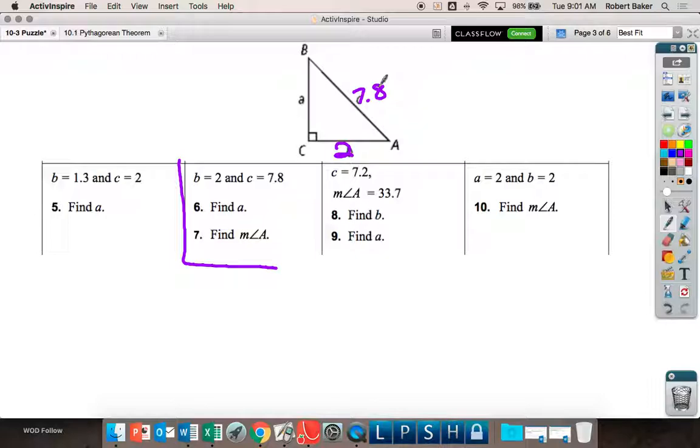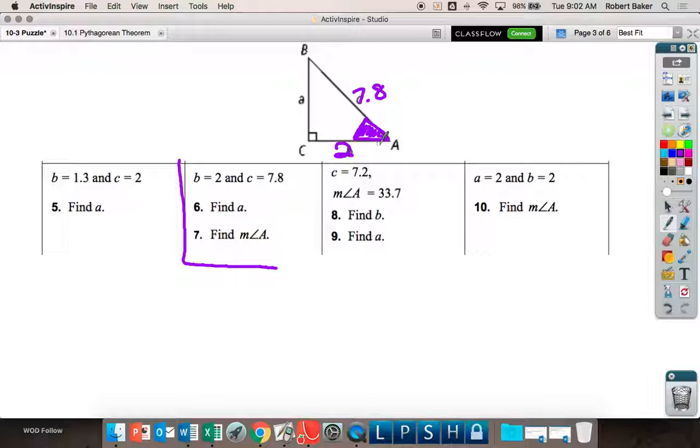Trig or Pythagorean Theorem? If you have two side lengths, you go back to Pythagorean Theorem and solve for the third one. But if it says find A, the measure of angle A, is there any way to use Pythagorean Theorem to solve for that missing angle measure? No, so that's where you have to use trigonometry.